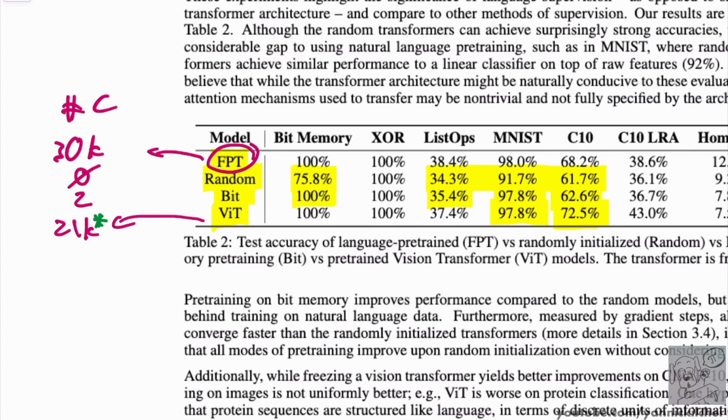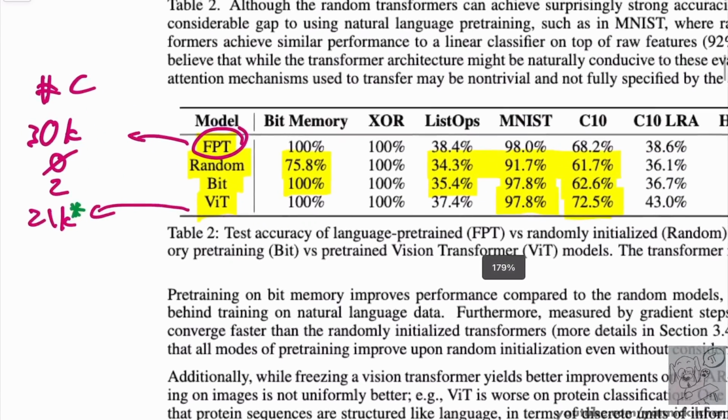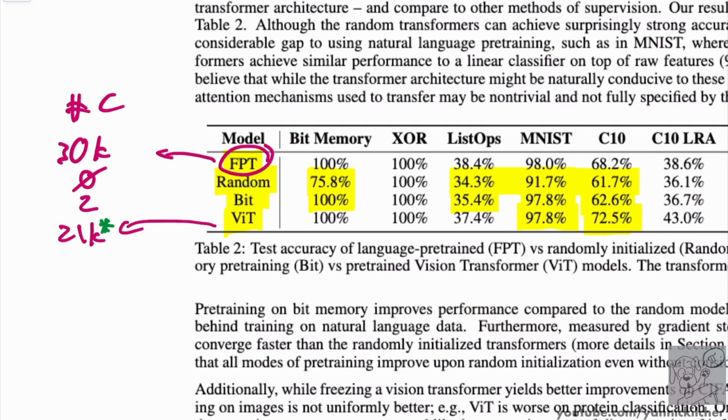It might just be how hard the task is in terms of number of classes and how much training data you have available. I think there are a lot of variables that they haven't necessarily controlled for here, and it might be a bit too early to say language modeling is the task. Though what I'm completely prepared to accept is to say language modeling is a good task. In fact, it's the best task out of these ones.